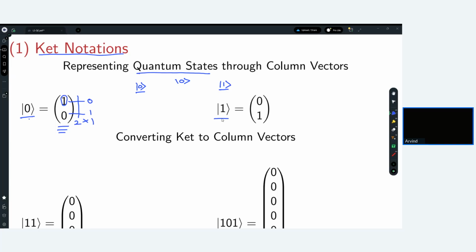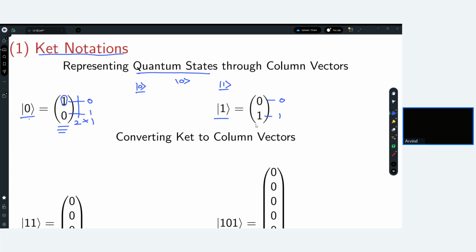And this Ket 1 can be represented by a column vector of size 2 having two rows. But here the 1 is present at the first position if we number the rows from 0.